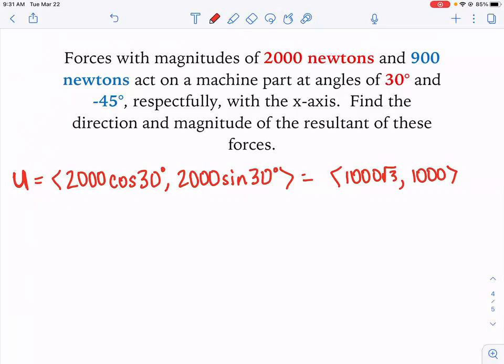Well, our vector u has a consistent magnitude. The magnitude has to be the same for both components.